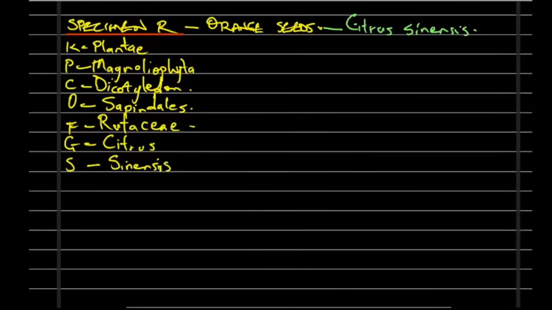So we move further, looking at some of the characteristics of this particular fruit. Now, when we look at the fruit, let me quickly put that here. It has the kind of placentation that we refer to as axial placentation.